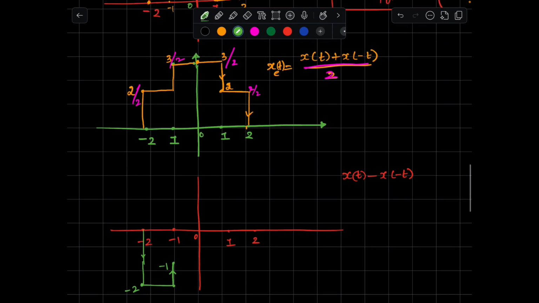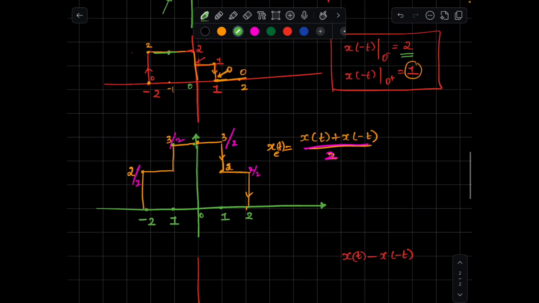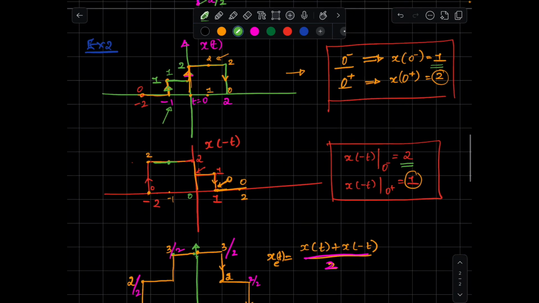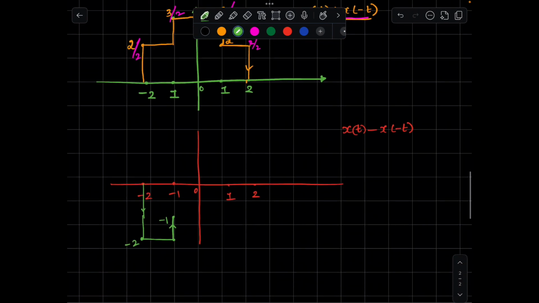Now what is happening at 0 minus? We have to see what is happening at 0 minus. At 0 minus, we have already seen the amplitude is 1 and for the second signal, the amplitude is 2. So 1 minus 2 will be equal to minus 1. So at 0 minus the amplitude is minus 1. Next we will see what happens at 0 plus.